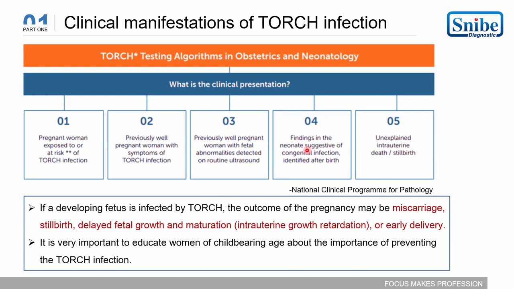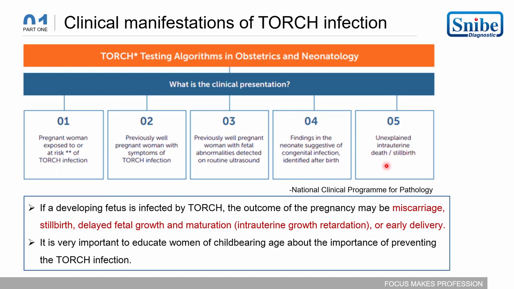The fourth is findings in the neonate suggestive of congenital infection identified after birth. The last clinical presentation is unexplained intrauterine death or stillbirth, which also leads a pregnant woman to go for a TORCH profile in the next pregnancy.